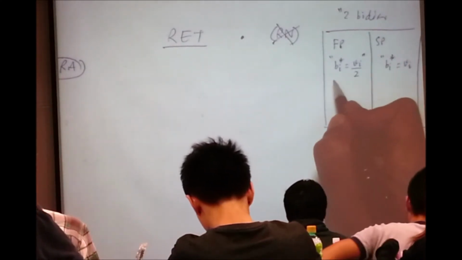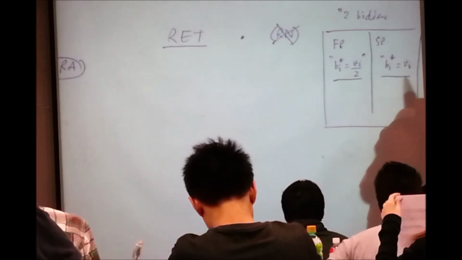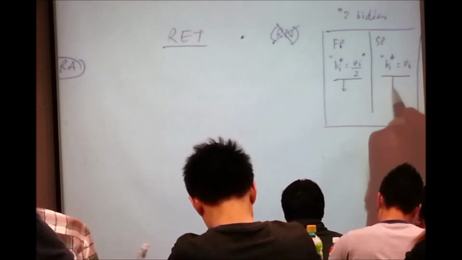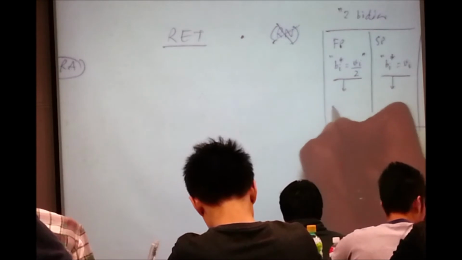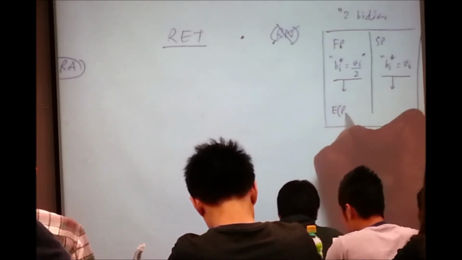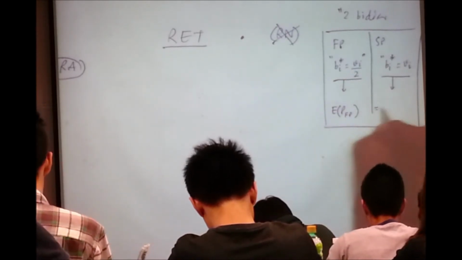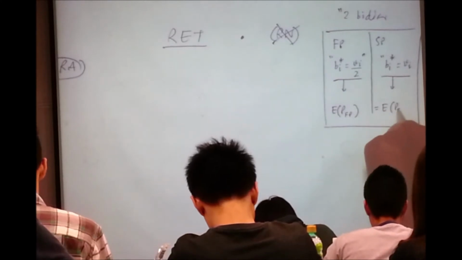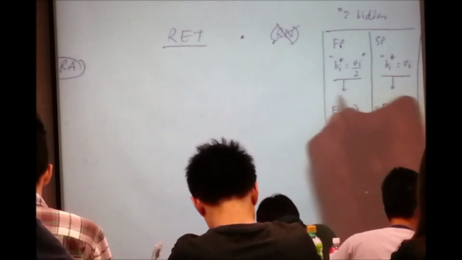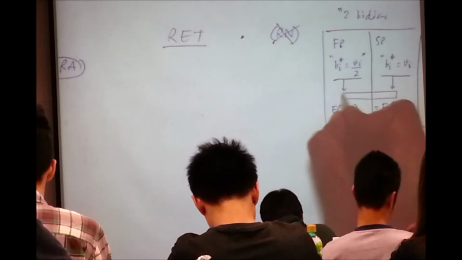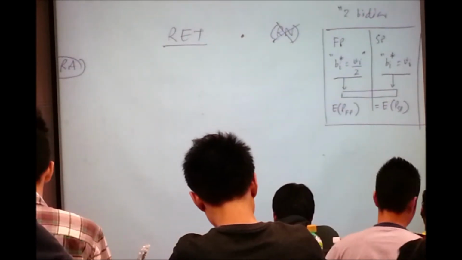And given that bidders use these equilibrium strategies, the equilibrium outcomes were the same on average. The expected price in a first price auction was equal to the expected price in a second price auction. And the winners were the same. The guys with the highest valuation won the auction. Okay, this is the two-bidder case.